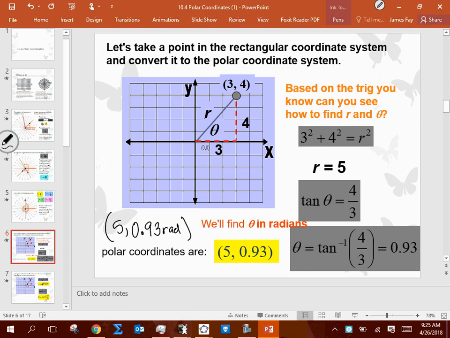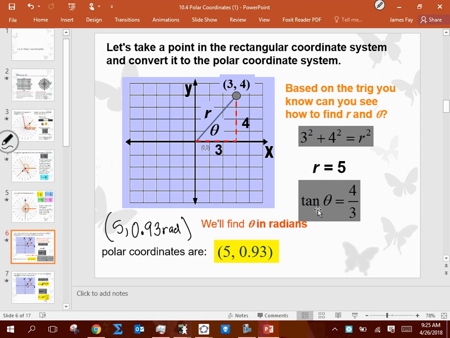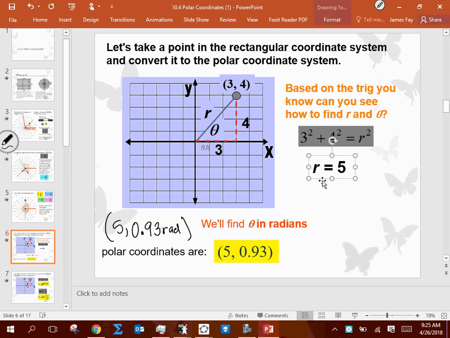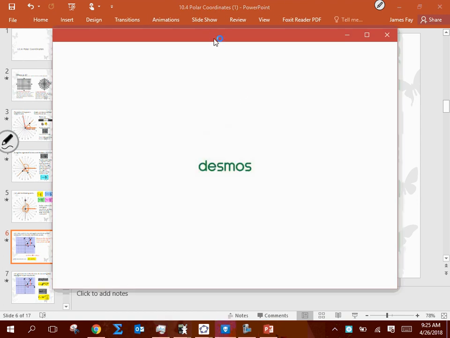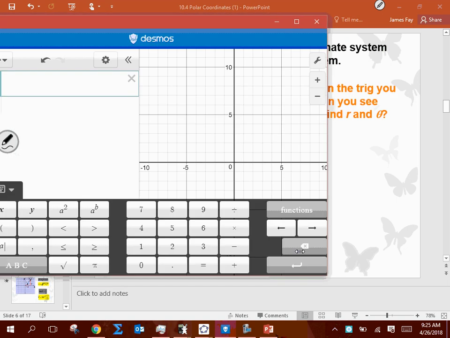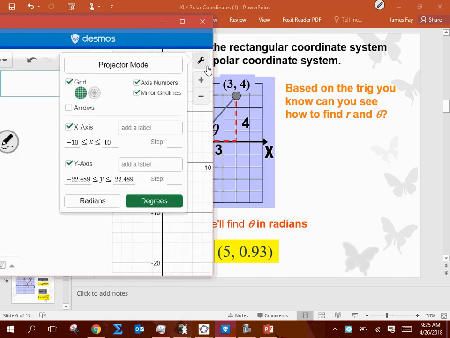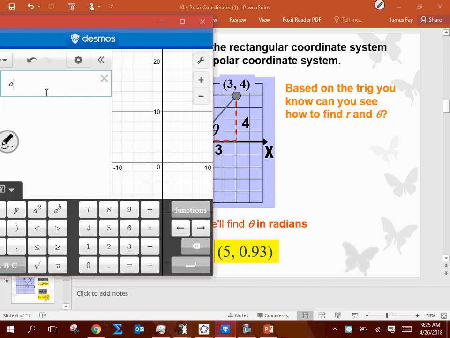Now there's a couple other ways that you might want to write these. Say I was interested in degrees. If we did this, I think it's 50-something degrees, 53 degrees or something like that. Let's double check here. Arctangent of 4/3 in degrees, 53.13.